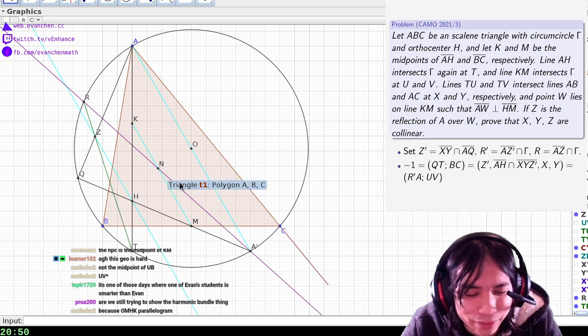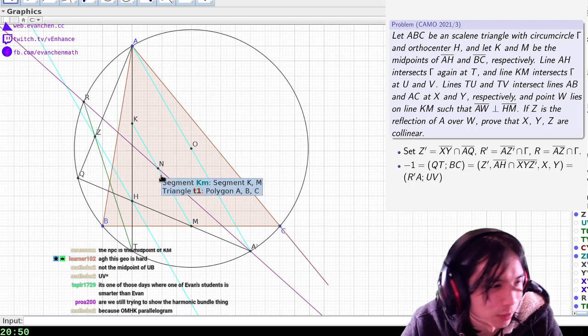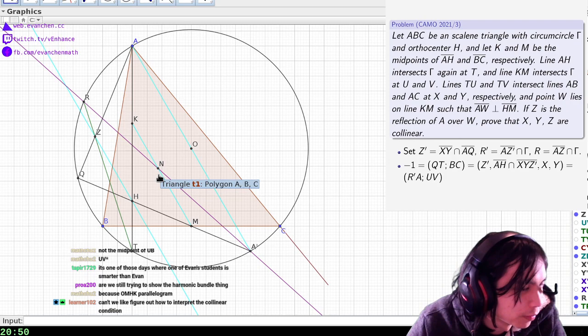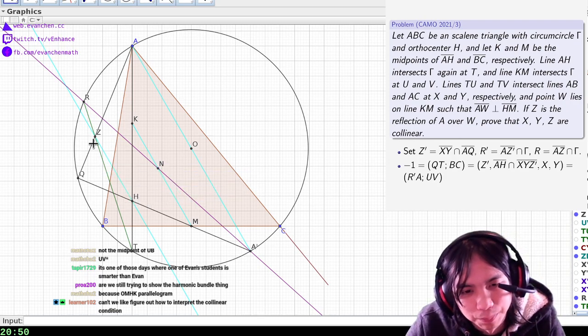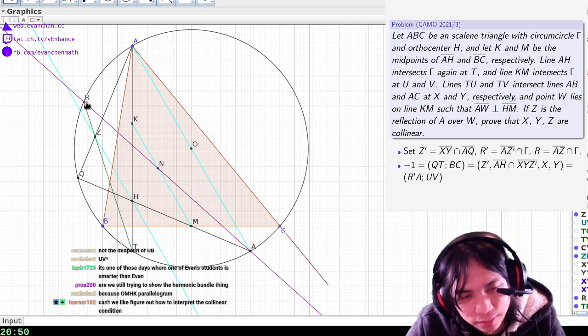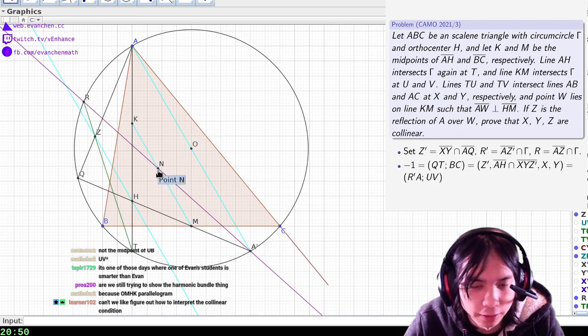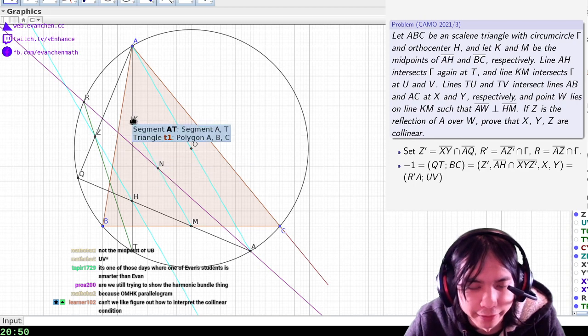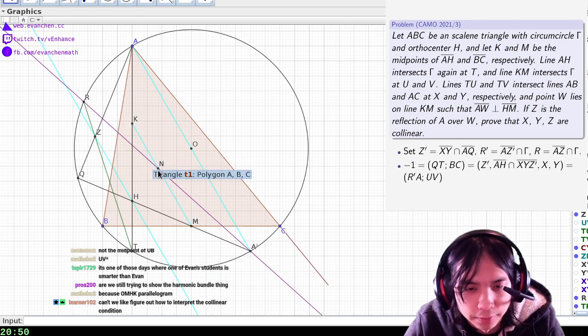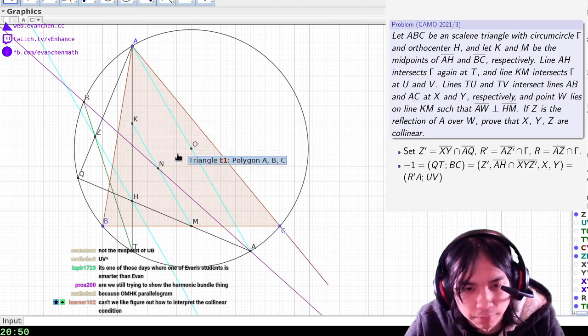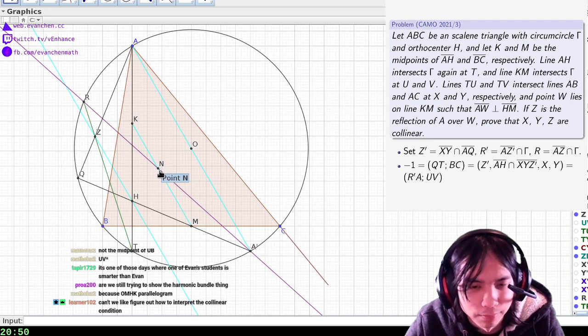That's such a weird condition, though. I hate the points U and V, so I'm still running with it. Yeah, we're trying to show harmonic bundle, and we got rid of U and V. So now it's just saying that RA prime intersect this cyan line is perpendicular to it.